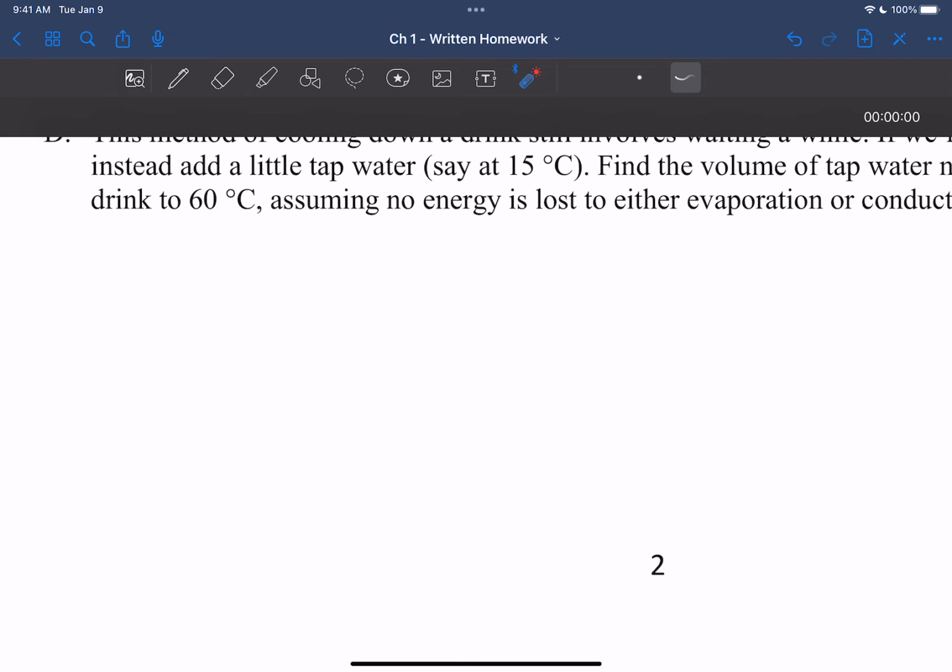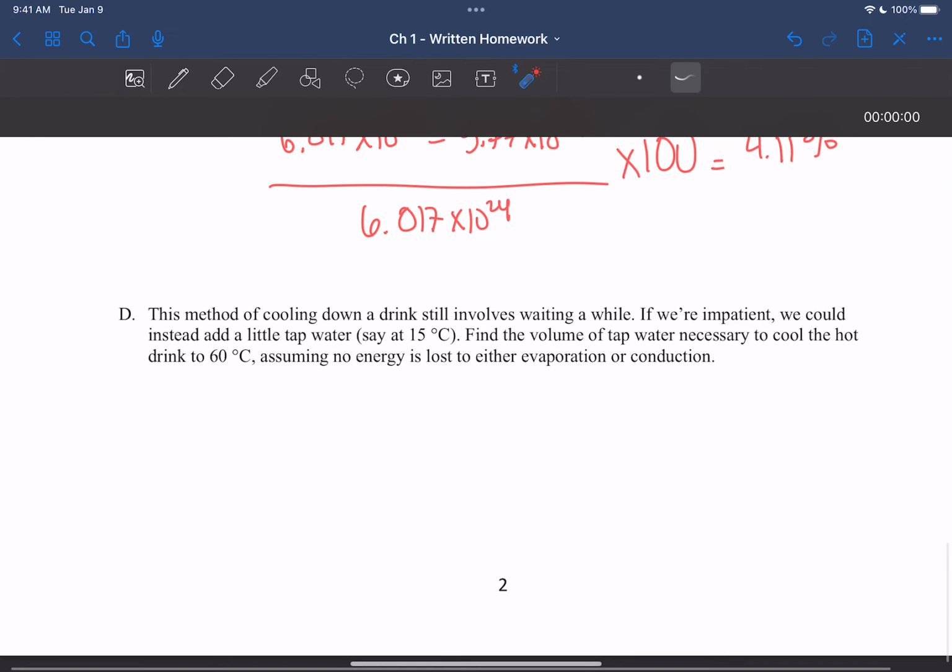And if you remember from Gen Chem, when you have a release of energy from one object, there has to be an absorption of energy into another object, right? And so everything should end up at the end in an equilibrium state where everything's at the same temperature, right? So if we started off with this really hot drink at 80 degrees Celsius, we want to get it down to 60, and we add this extra water here, right?